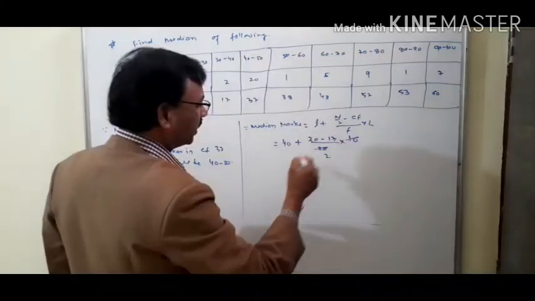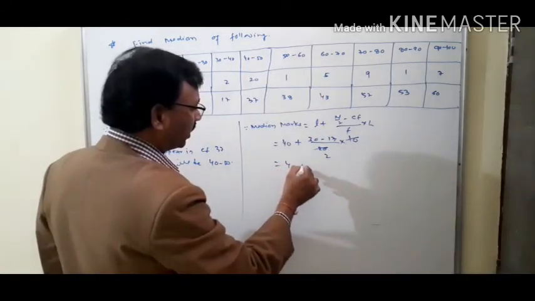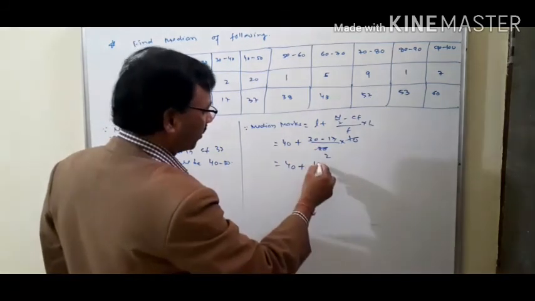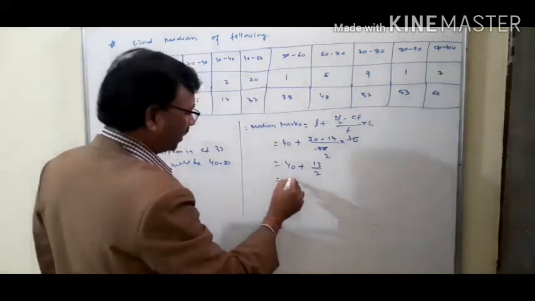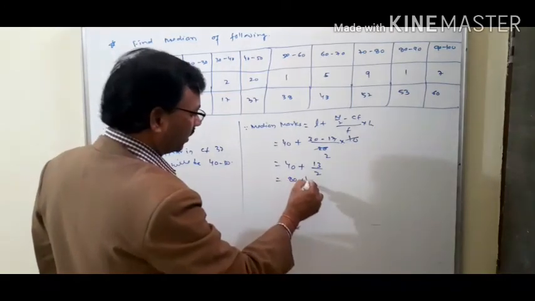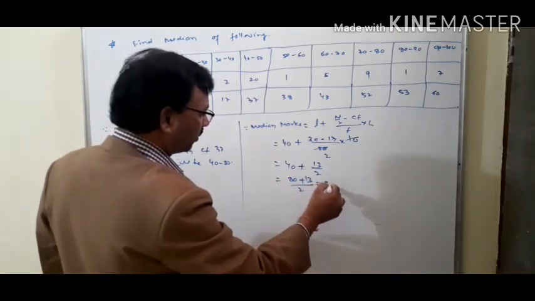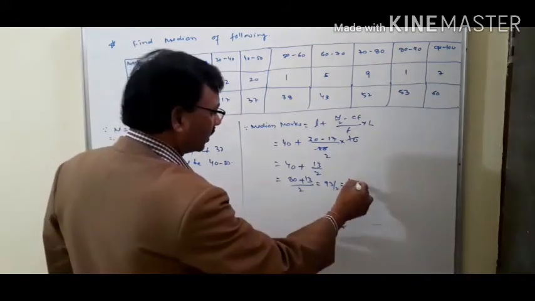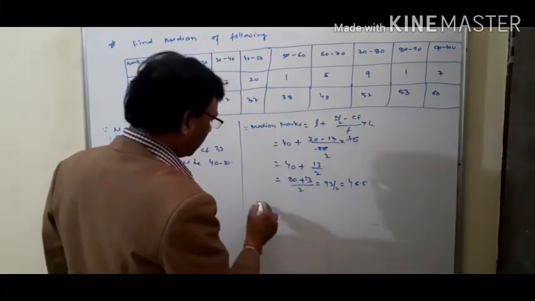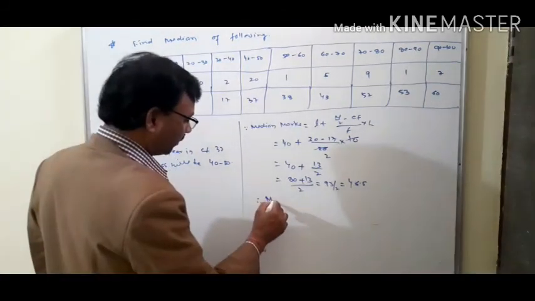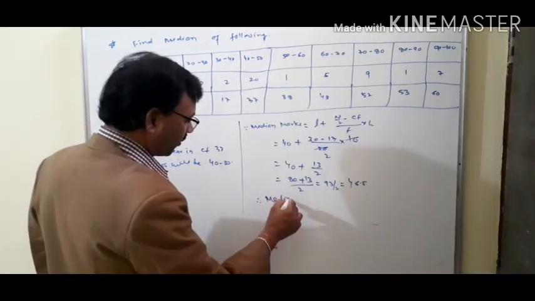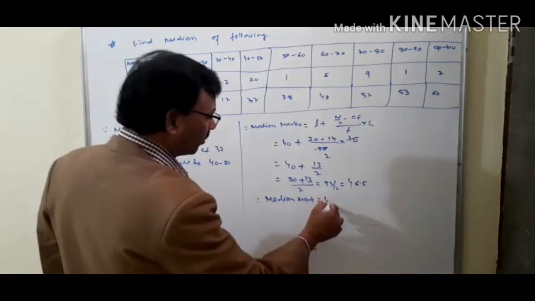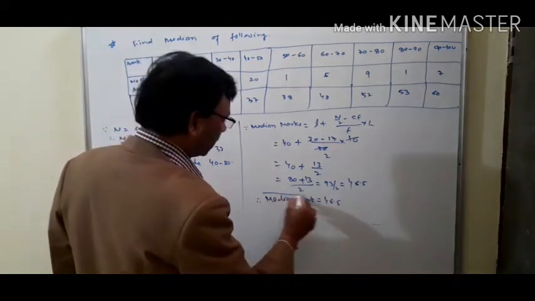This will be 40 plus 13 upon 2, which equals 40 plus 6.5. Therefore, median marks equals 46.5. This is the answer.